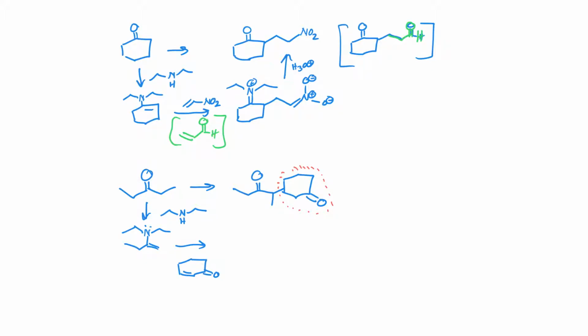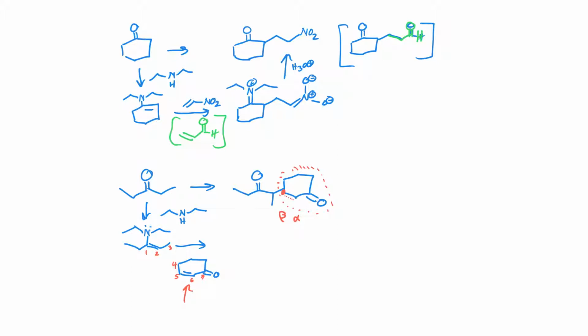And if I'm making a bond at the beta carbon, then I need to have in my starting material a pi bond right there. And so that's why you see what I've drawn right here. And again, actually, let's count carbons again, just so I don't lose any.